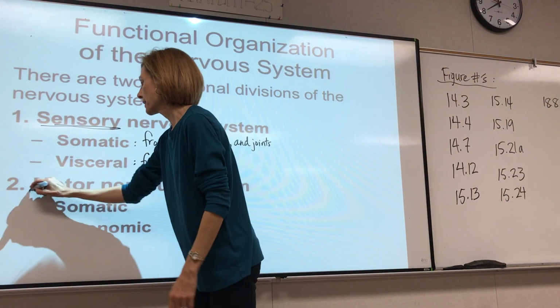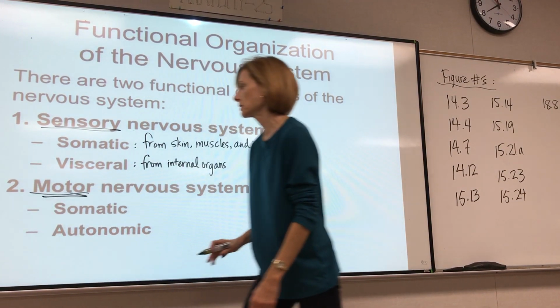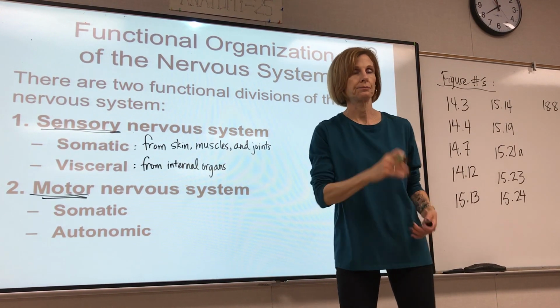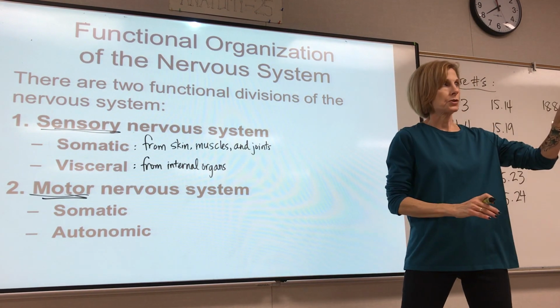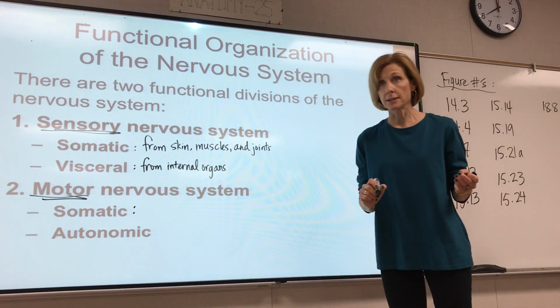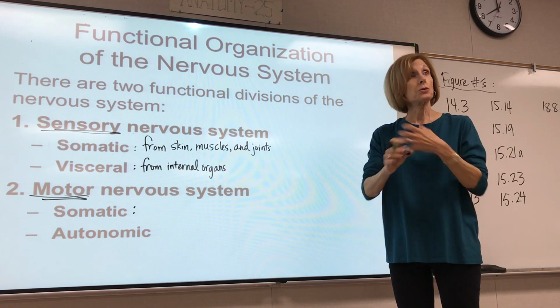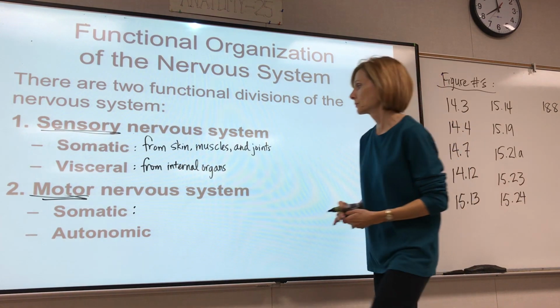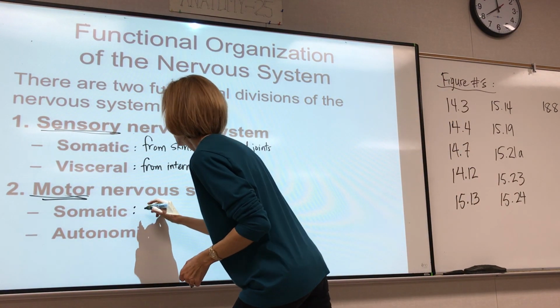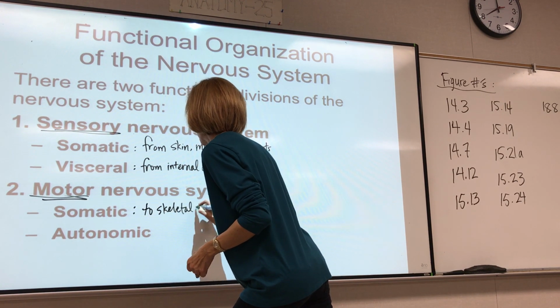Okay, if we're talking about motor, meaning movement, like motor neurons, there are, again, two types of motor impulses. Somatic motor neurons would carry action potentials or impulses to skeletal muscle. These would go to skeletal muscle.